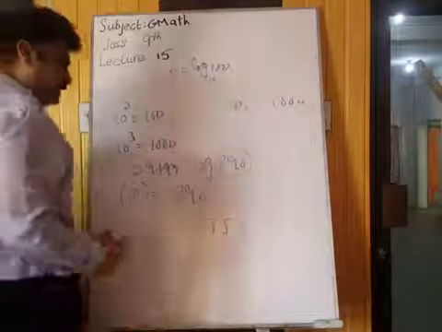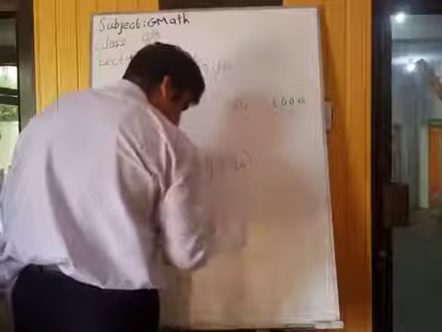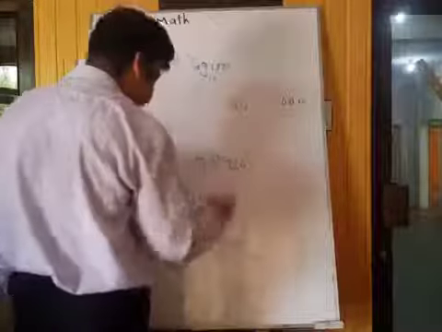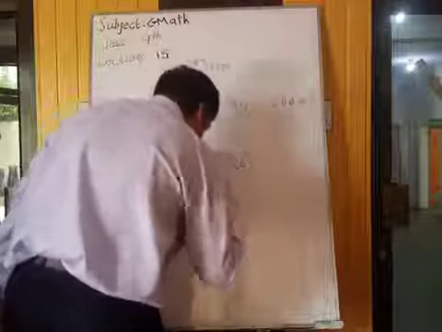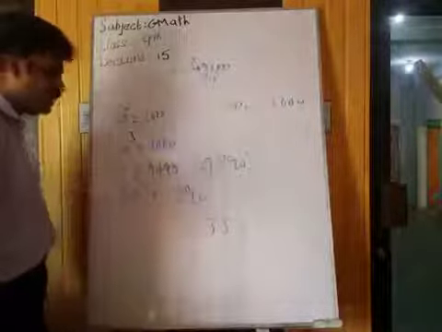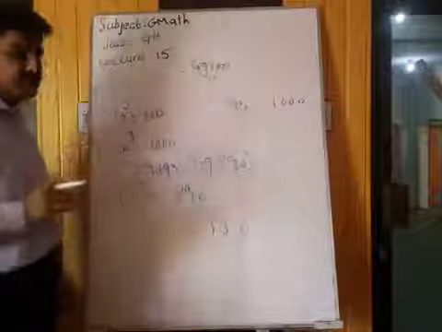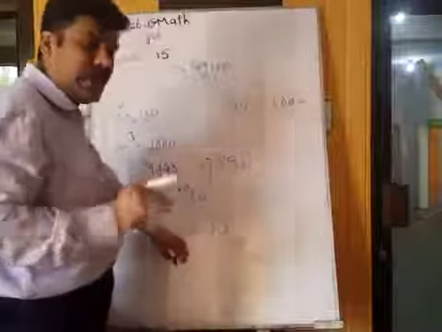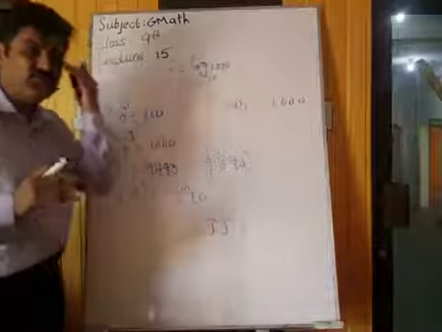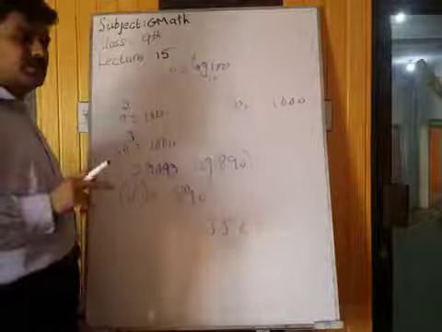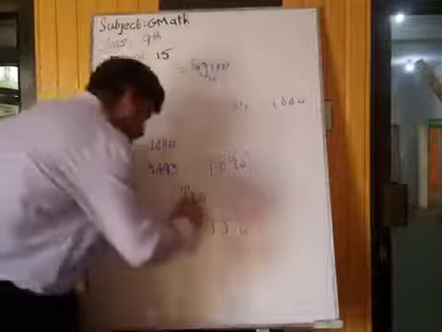We write 2335.6 to find its characteristic. First of all, we have to leave the first non-zero digit from the left side.